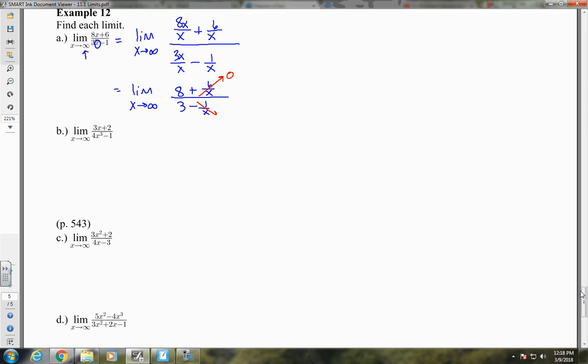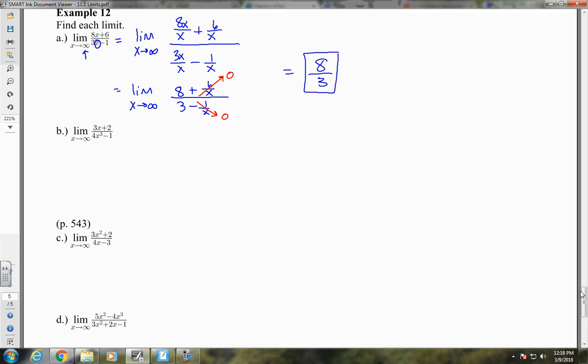The same thing happens to the 1 over x in the denominator. You can see now we have the limit of a constant. The limit as x approaches any number of 8/3 is 8/3. So in this case, we get a limit of 8/3.